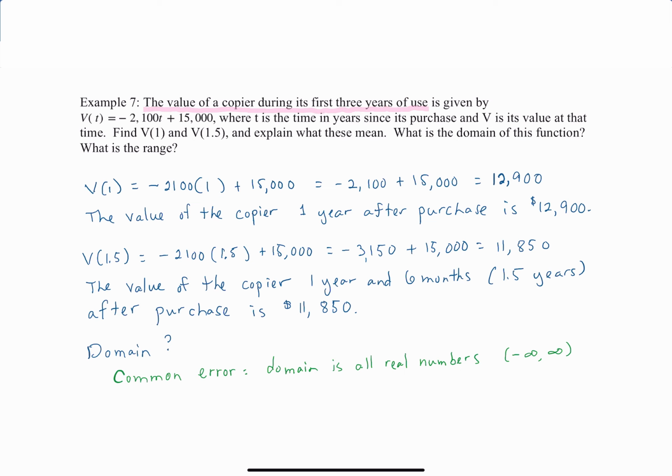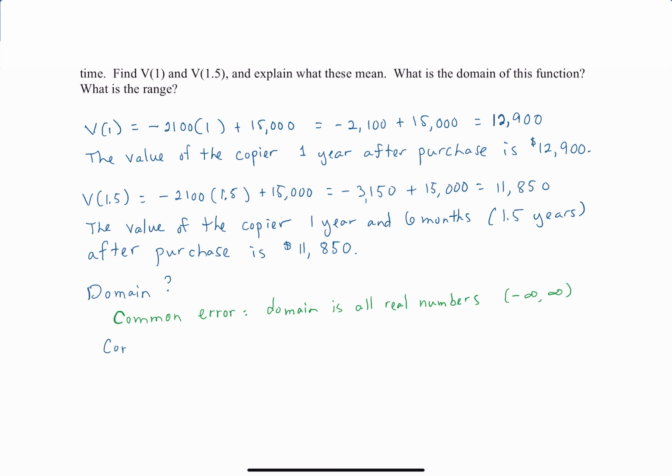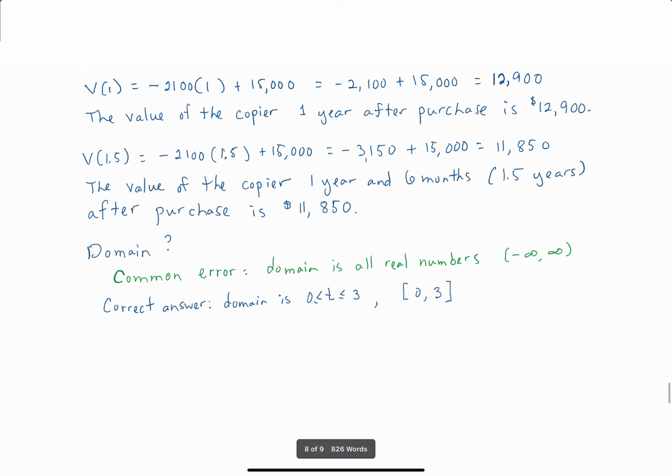It only applies to this copier for 3 years. And so that means that the correct answer is that the domain is t-values starting at 0 and going up to 3, which in interval notation would look like square bracket 0, comma 3, square bracket.